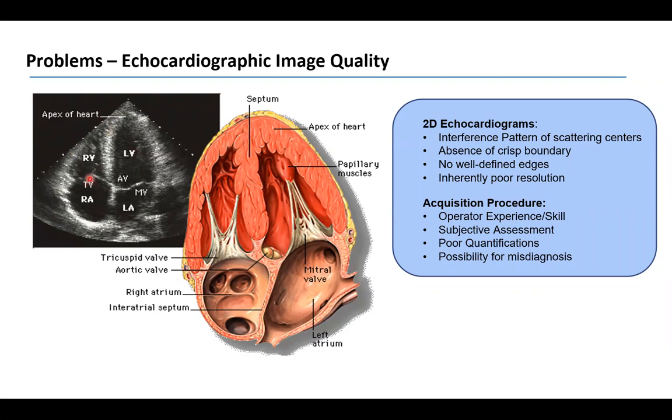However, the image beside it is the 2-dimensional echocardiogram, which represents the 4 chambers as well. Now, this quality of images is inherently poor, and the operator's experience also counts.